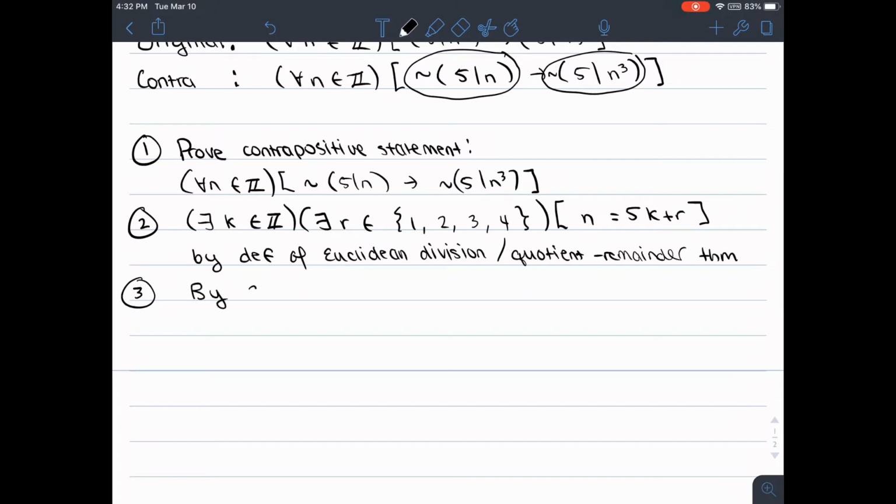So by 2 and algebra, n cubed will be equivalent to (5k plus r) cubed.